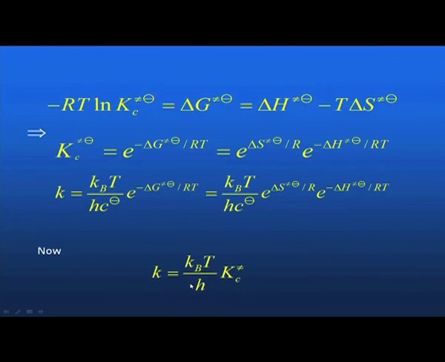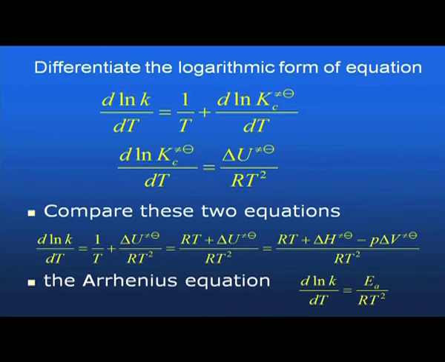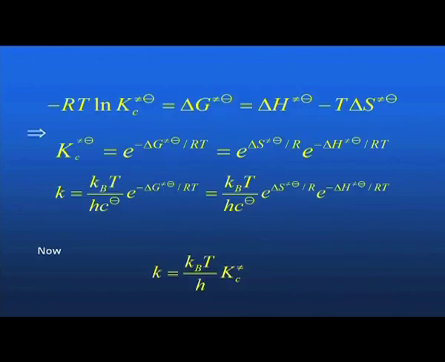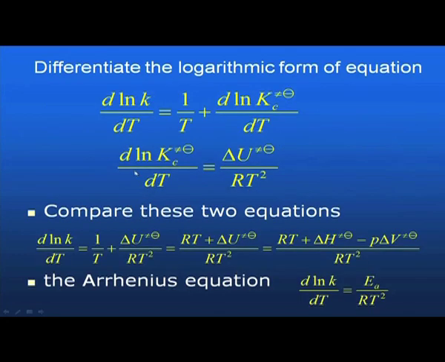What we have to do is take the logarithm of both sides, and then differentiate it. So, what should we be getting? Taking the logarithm of both sides, ln k is equal to ln kB by h plus ln T plus ln Kc double dagger.